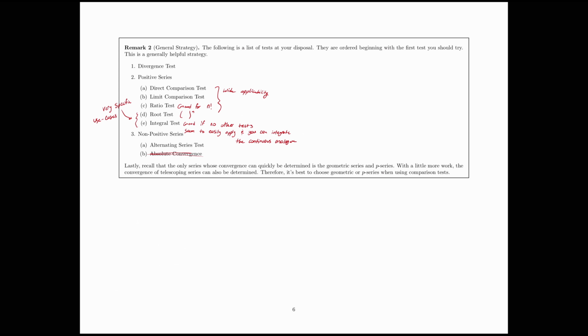So you can also use the root and ratio tests here as well, and they would work out nicely. All right, that should be the strategies.